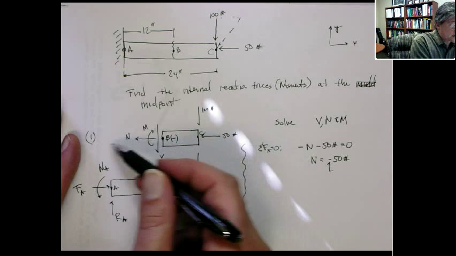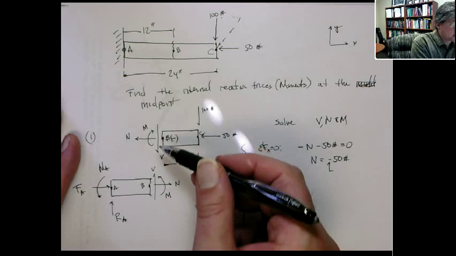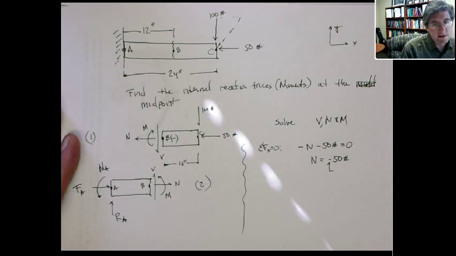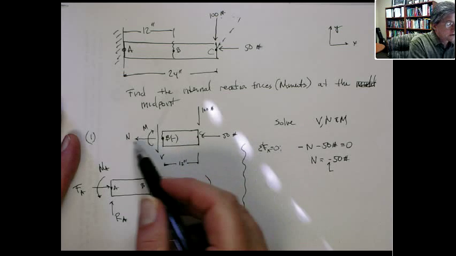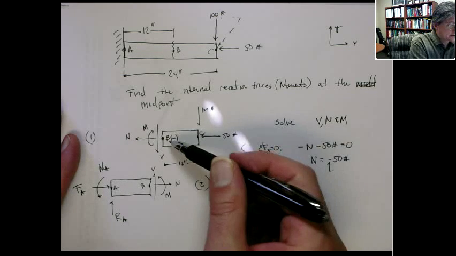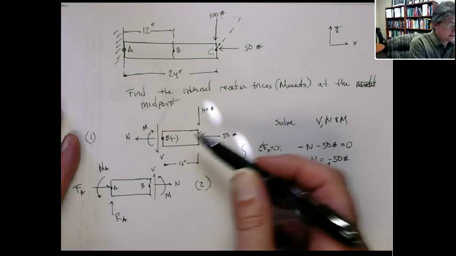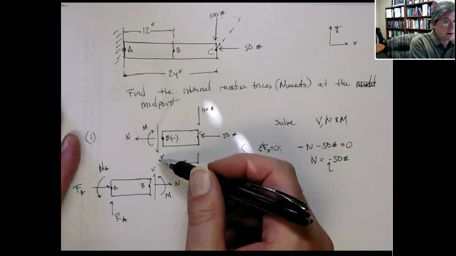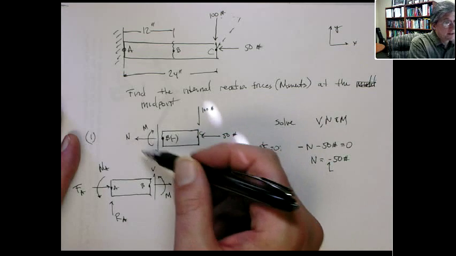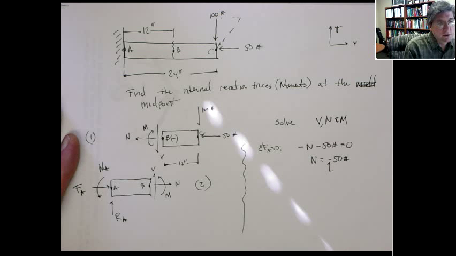The outward normal in this direction is in the minus X direction. So I call that a minus face. And when it's a negative outward normal face, I flip the signs in a sense. So you see the normal points outward positive, right? That's the negative X direction. The V goes in the negative Y direction. And the moment is about the negative Z direction.